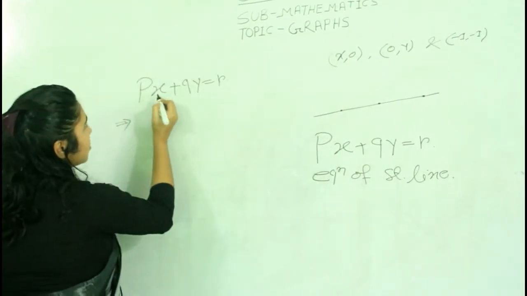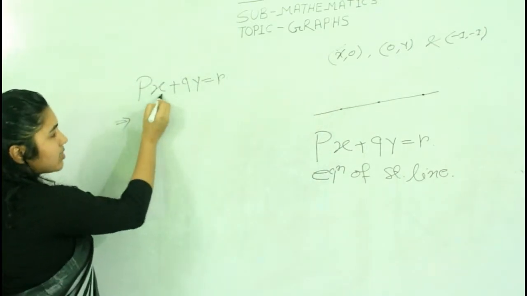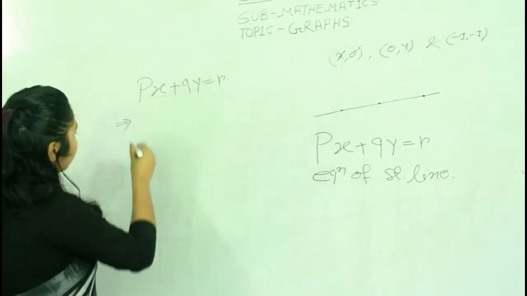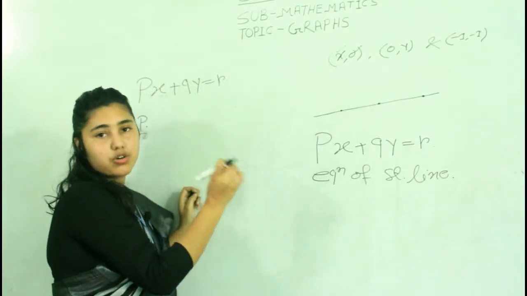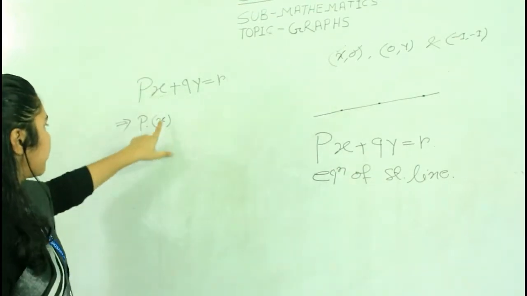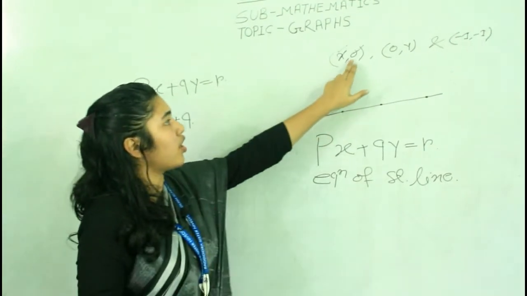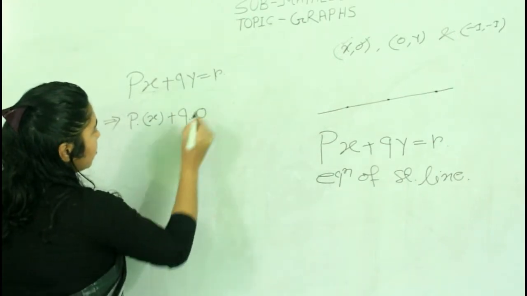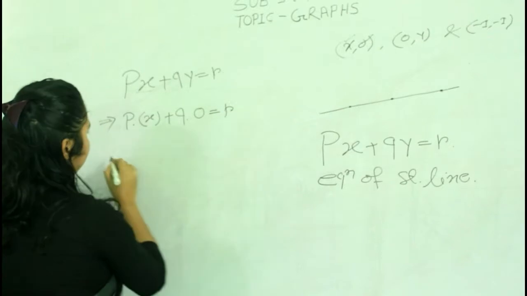Now just put the coordinate of the x axis in place of x and the coordinate of the y axis in place of y. So p into x, and q into 0, equals r.